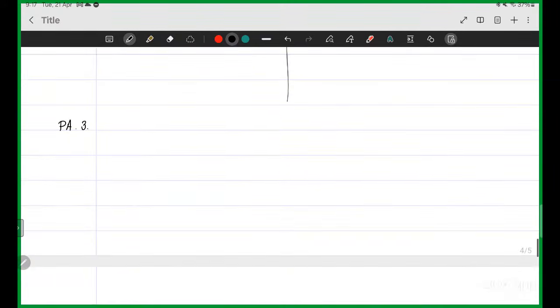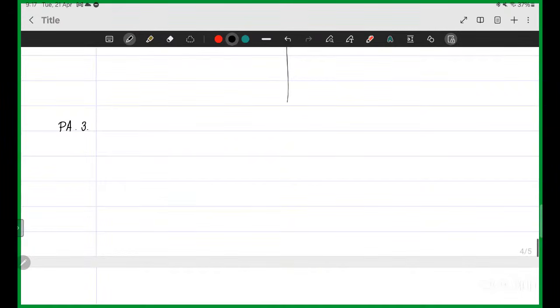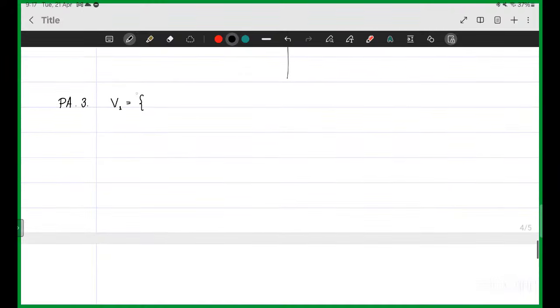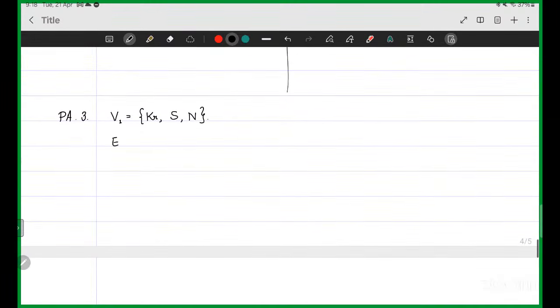V1 is a 3-element set, K, S, and N. Now, what is E1 given to be?